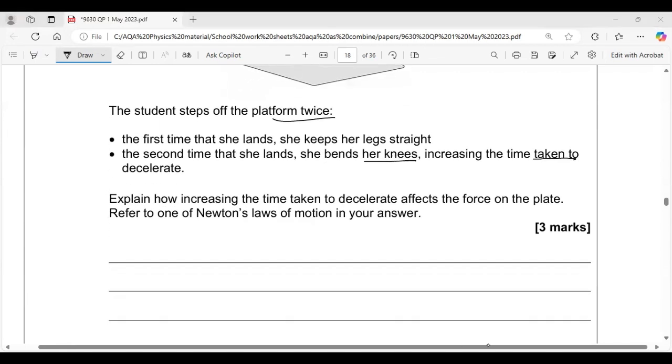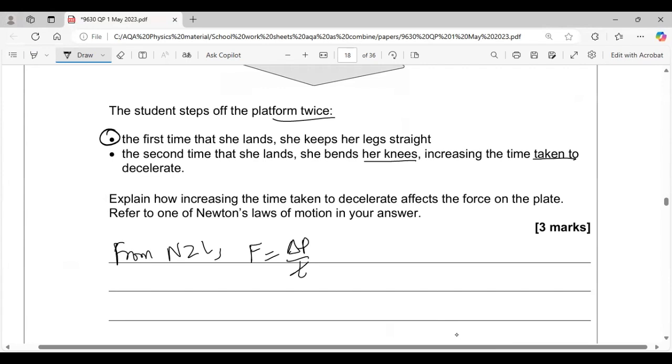Well, you know that Newton's second law of motion says the resultant force acting on an object is equal to the rate of change of momentum. So as she bends her knees and takes more time to stop, F is delta P by t. So as t increases, the force reading is going to decrease, right? So this is the answer. From Newton's second law, force is equal to change in momentum over time.